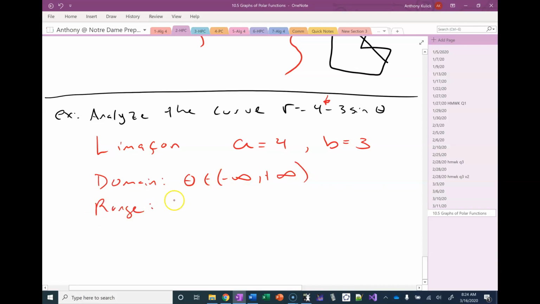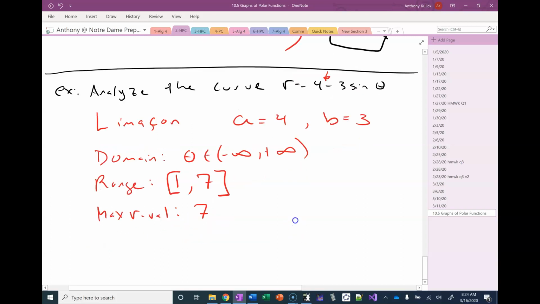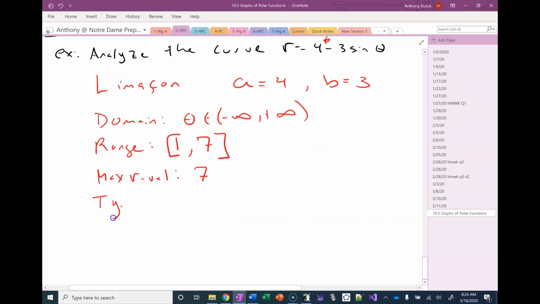The range is always going to be a minus b, which is 1, comma a plus b, which is going to be 7. So my max r value is going to be 7. And then for the type, remember we want to compare a over b.